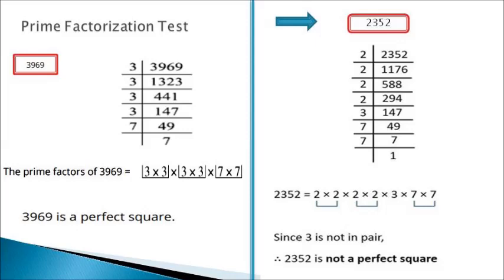So if we look at the prime factors of 2352, we see that 3 pairs are made but one factor is left alone, which is not making a pair with any factor. So in such cases, the given number is not a perfect square.